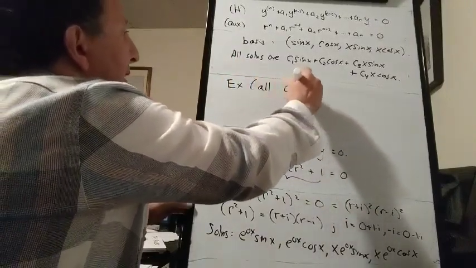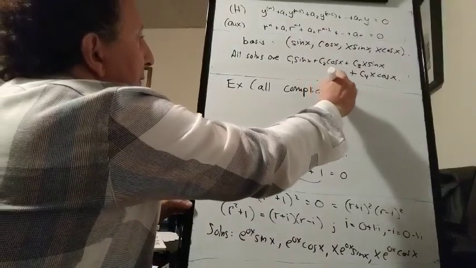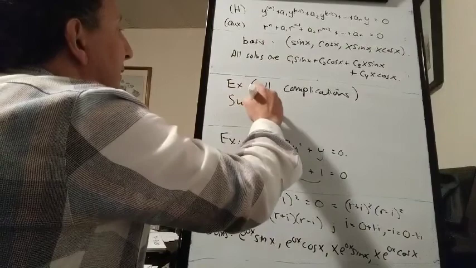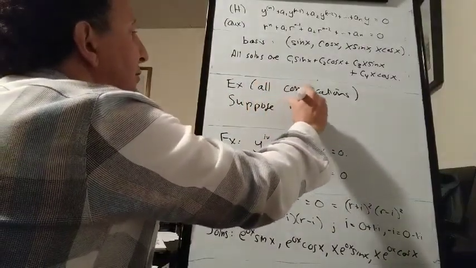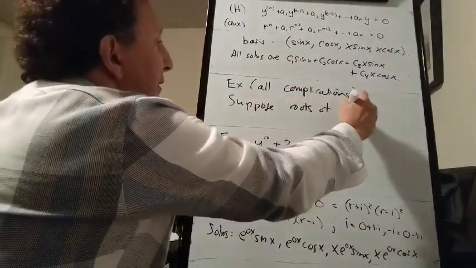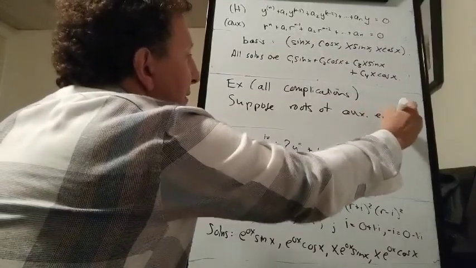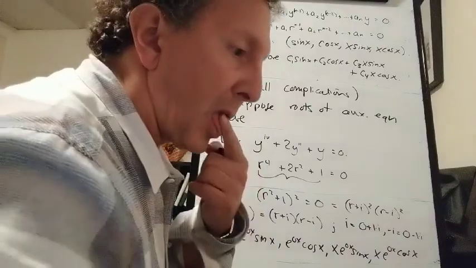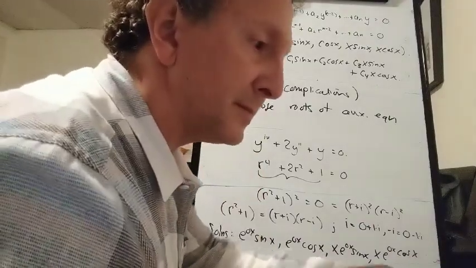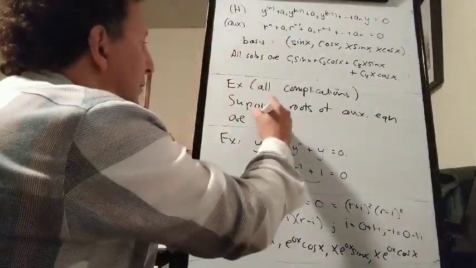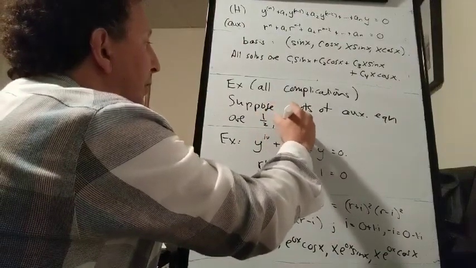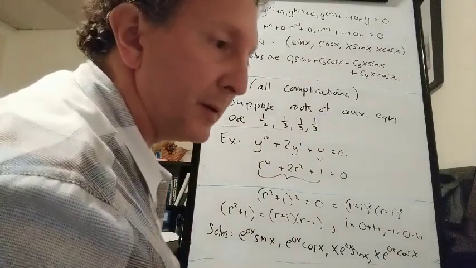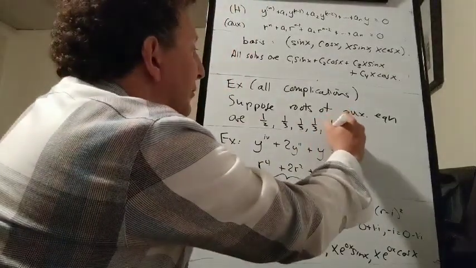So the all complications example is, let's suppose that the roots of the auxiliary equation are one half, 1/3, 1/3, 1/3. Let's say 1/3 four times.